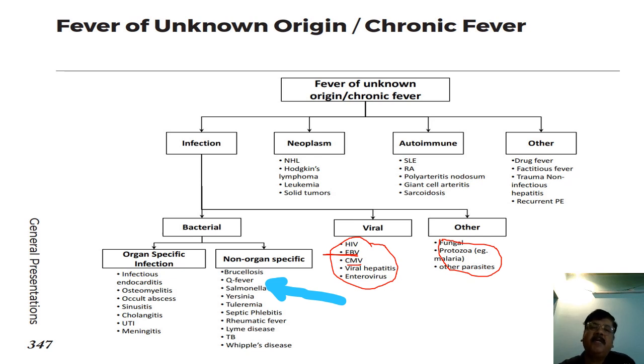Then the neoplastic disorders: non-Hodgkin's lymphoma, leukemia, solid tumors. Autoimmune disorders: SLE, rheumatoid arthritis, polyarteritis nodosa, giant cell arteritis, and sarcoidosis. Then other causes: drug fever, trauma, non-infectious hepatitis. So those are the other causes of pyrexia of unknown origin.